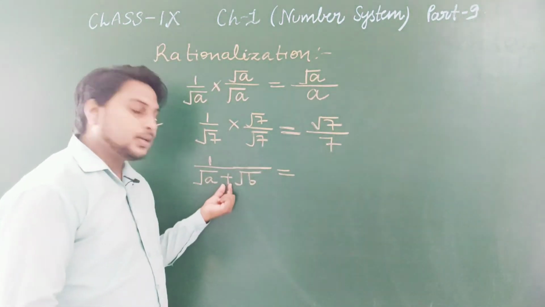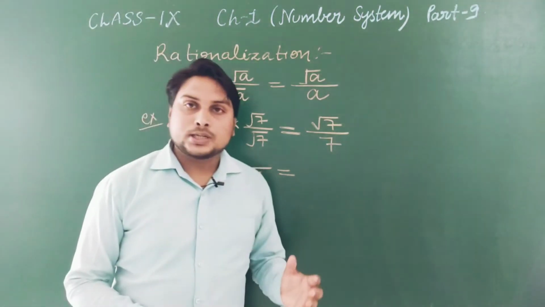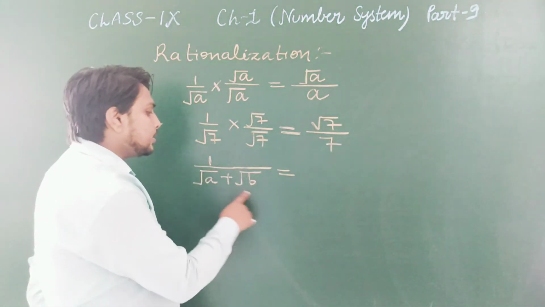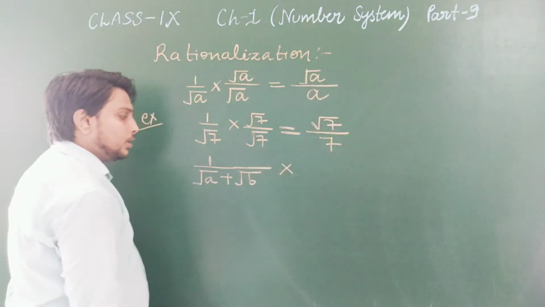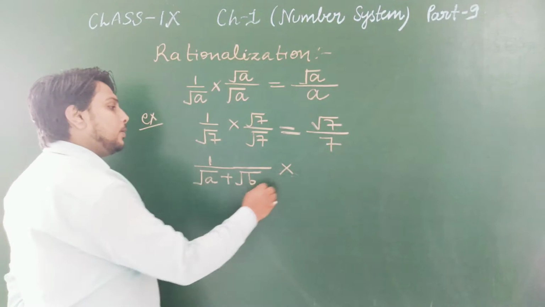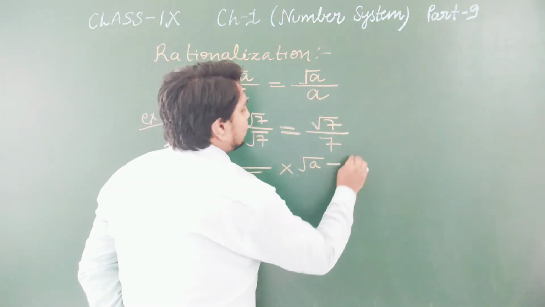Whatever the sign is in the denominator, you have to multiply with the opposite sign, in the numerator as well as in the denominator. So if it is under root a plus under root b, you have to multiply by under root a minus under root b.